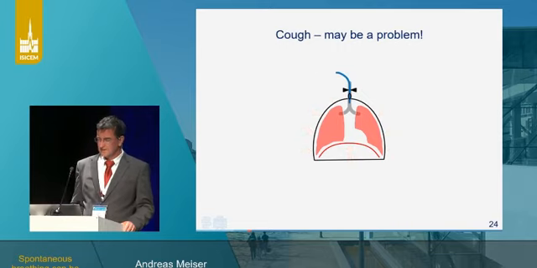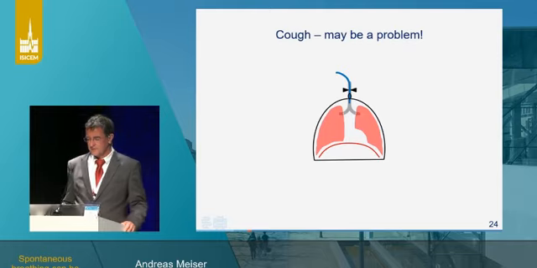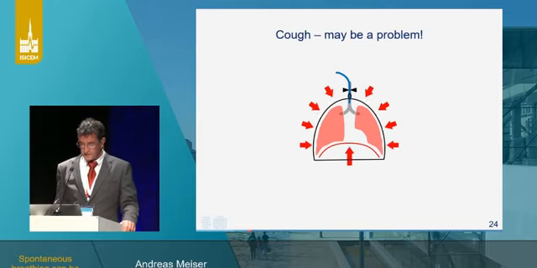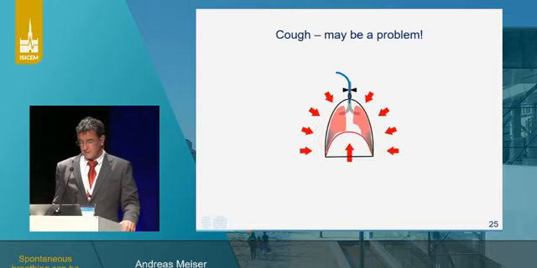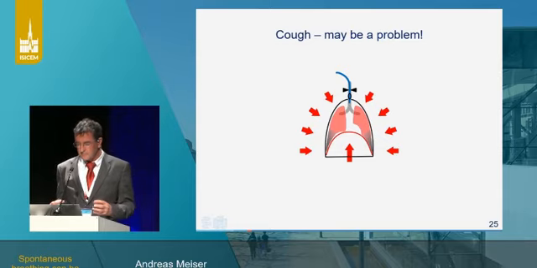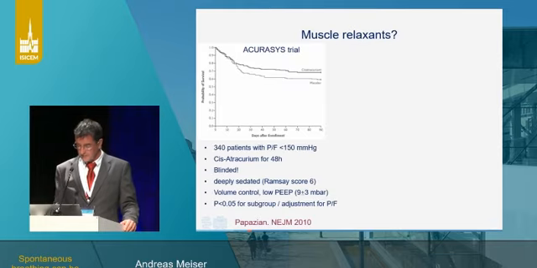In our patients, this doesn't work because the endotracheal tube is going through the glottis and they cannot close their glottis. And if they exert pressure, there will not be such a high flow, and instead the lungs will be pressed, they will shrink, and there will be atelectasis, and this is no good.